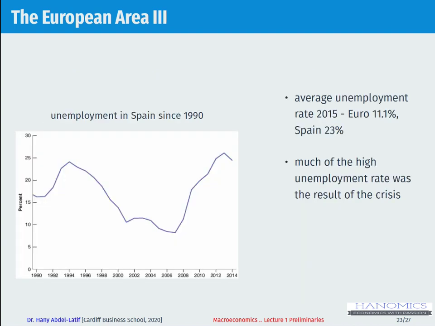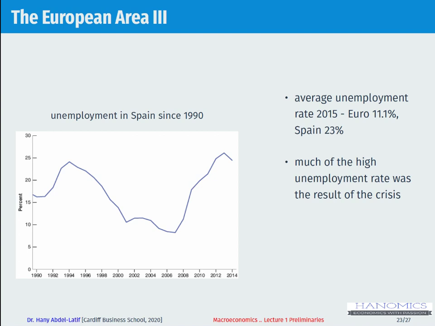For example here, the average unemployment rate in the euro area is 11%. What does that mean? It means that there are some countries way below 11%, which is great, you don't want really high unemployment. But on the other side, there will be countries way above 11%. So 11% is just an average, okay?